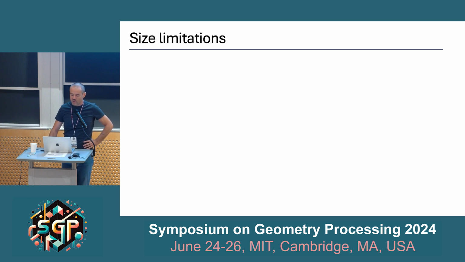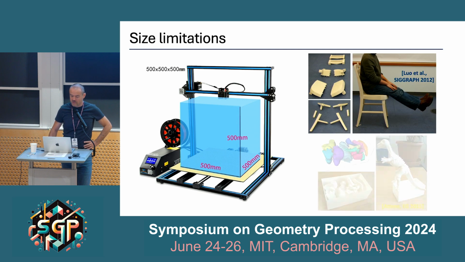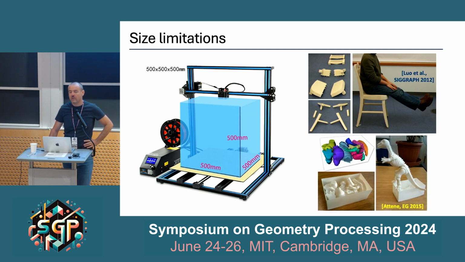Of course, each 3D printer has a built-in chamber, and you cannot build things which are larger than that. There are some approaches to split objects into smaller parts that you can print one after the other and then reassemble afterwards. Probably Marco will talk about that later.